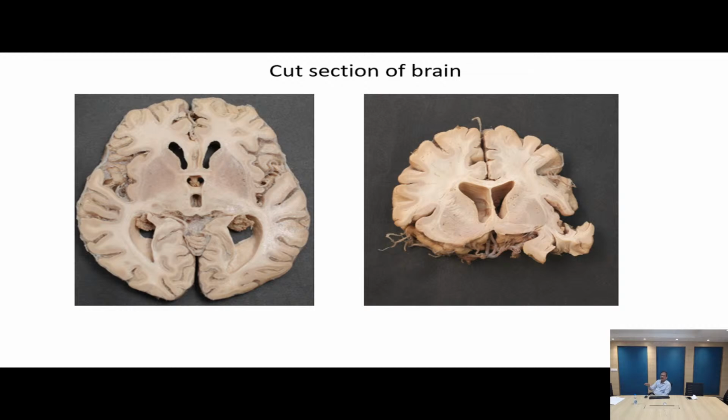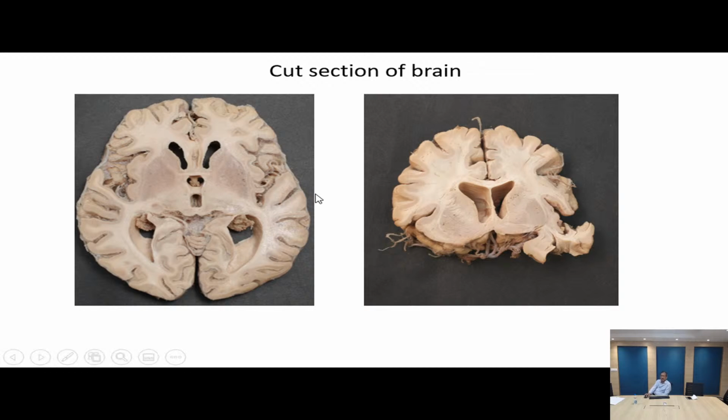When you make a section of the midbrain, you see an area which has a dark color due to the presence of melanin pigment within the neurons, and because of that this part of the midbrain is known as substantia nigra. Whenever the substantia nigra neurons are damaged, it gives rise to the condition of Parkinson's disease, and the function of the substantia nigra is to release dopamine into this putamen and into this caudate nucleus.